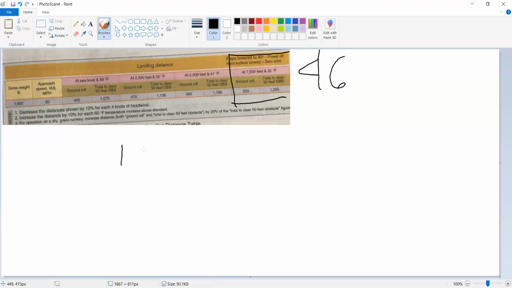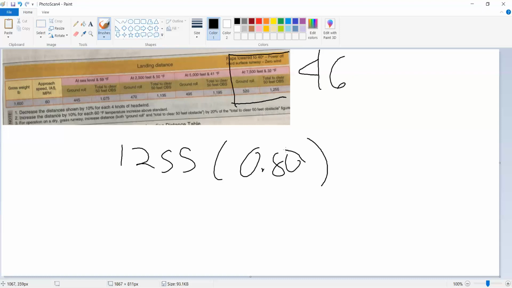The headwind, 8 knots. Yes, we know it reduces by 20, so we are good. This should be pretty straightforward. So we have 1255, and we multiply that by, not 100%, because of the 8 knots. So once again, that goes down to 80%.